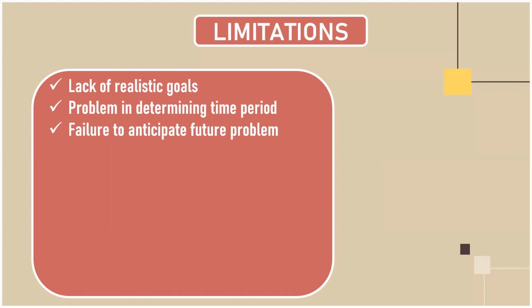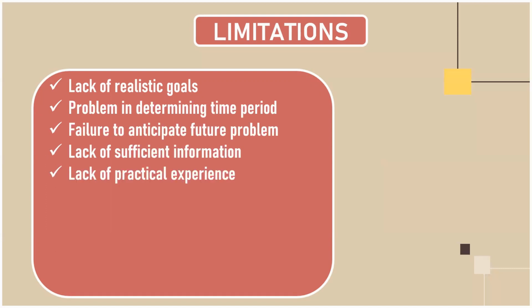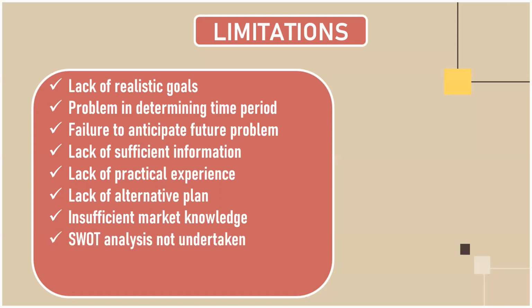And there could be a failure to anticipate the future problem, and there could be lack of sufficient information, lack of practical experience, lack of alternative plan, insufficient market knowledge, the SWOT analysis not undertaken, that is the internal strengths and the external factors that would have an impact on business, that has not been analyzed, and that could lead to failure in a business, lack of flexibility, and lack of manpower.